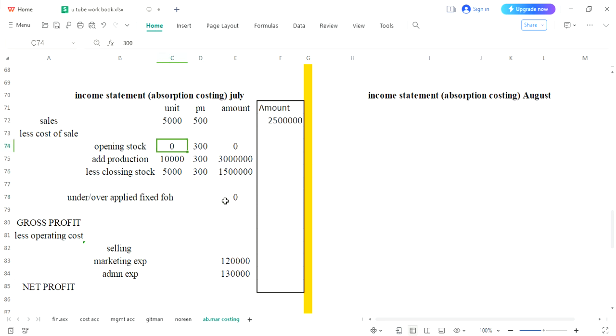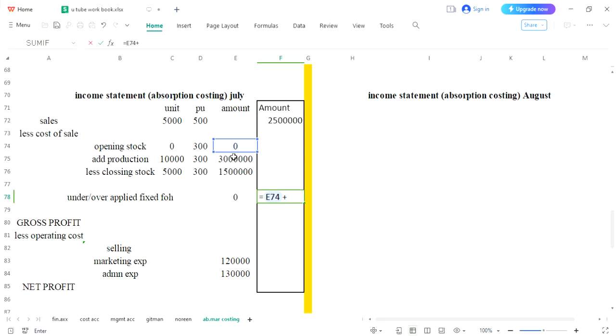This is our production cost and we can now finalize our total cost. Please be very attentive because we are including the signs as well. This was your opening stock and you need to add, so put the sign of add over here.